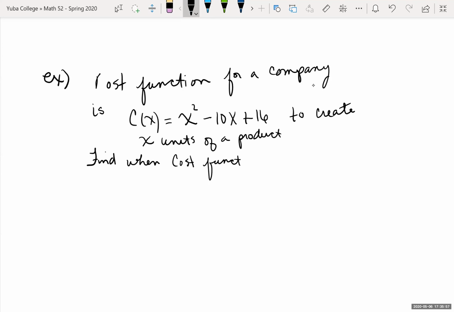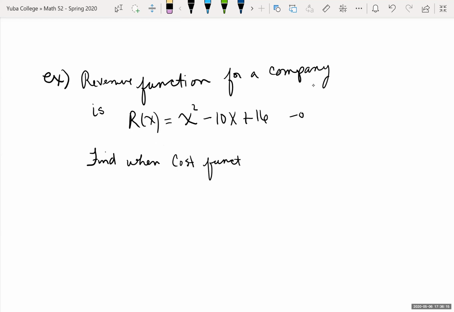Let's say the revenue function. And let's call it R of X. So let's say it's the revenue for selling X units. And we want to find when the revenue is positive.